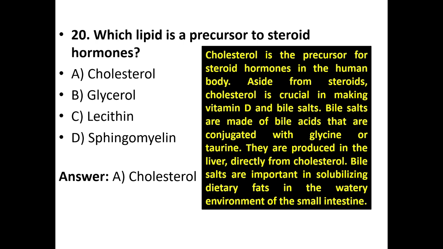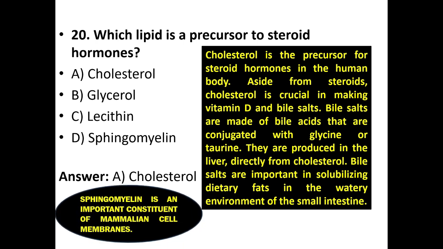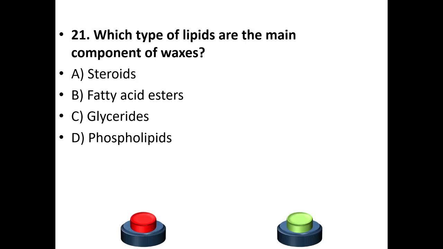Bile salts are made of bile acids that are conjugated with glycine or taurine. They are produced in the liver directly from cholesterol. Bile salts are important in solubilizing dietary fats in the watery environment of the small intestine. Sphingomyelin is an important constituent of mammalian cell membranes.